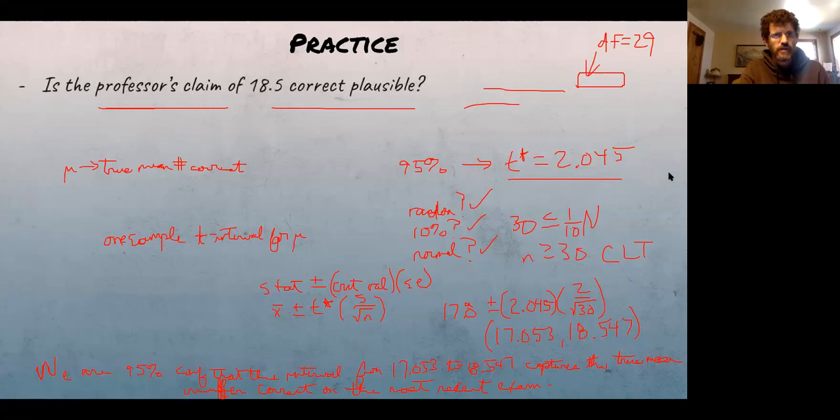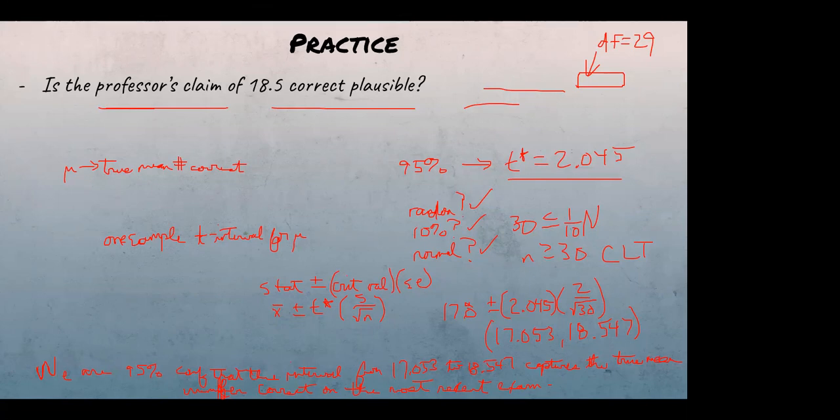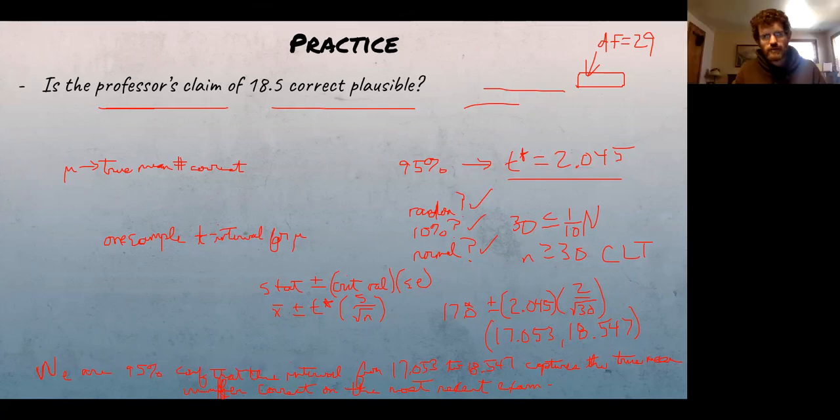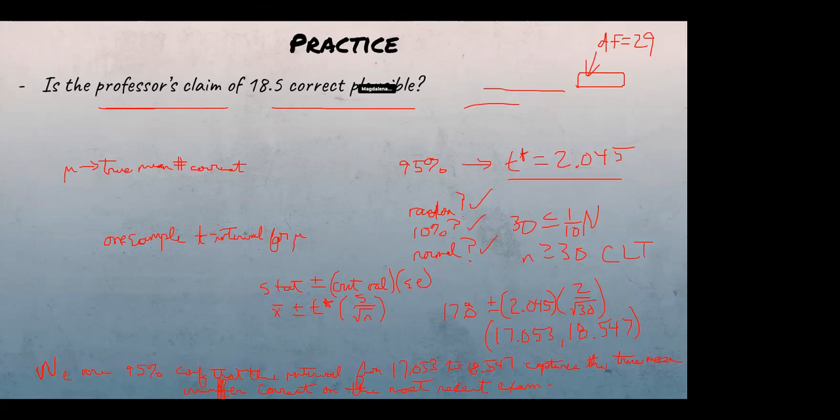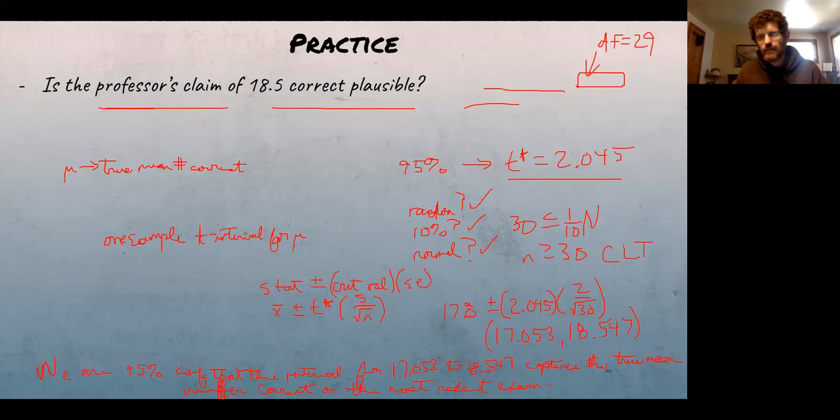And the last question: is the professor's claim of 18.5 correct, plausible? Yes, it is. Why is it plausible? Because the highest value of the confidence interval is 18.55. Perfect.